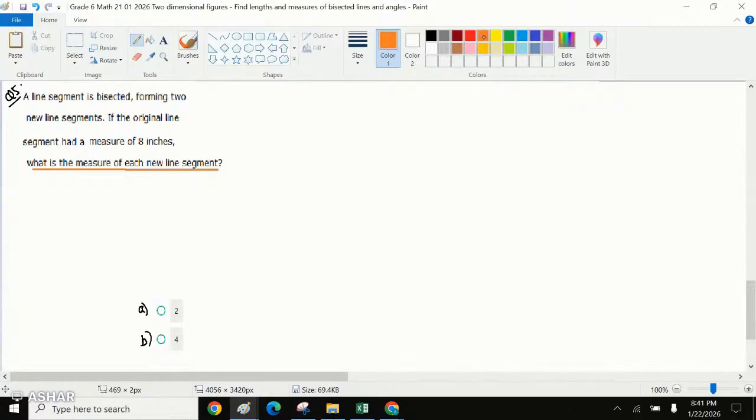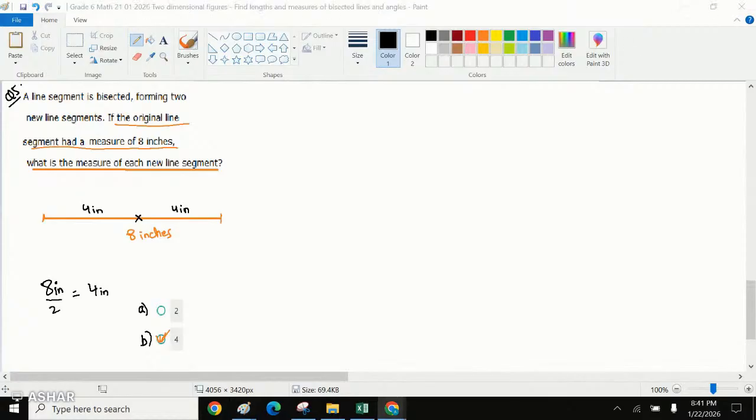If the original line segment had a measure of 8 inches, yes, thank you, Bradley. Option number 2, that is 4. So once we break this line into two parts, that means 4 inch and 4 inch. We can do 8 inches divided by 2, which gives us 4 inch for each side, right? Thank you.